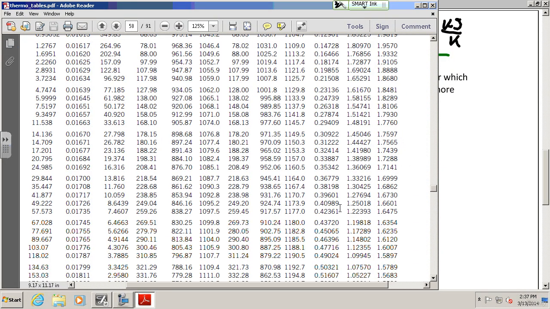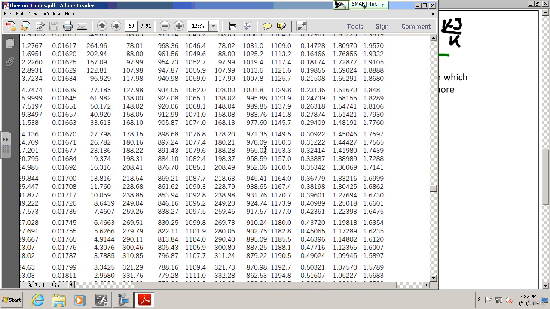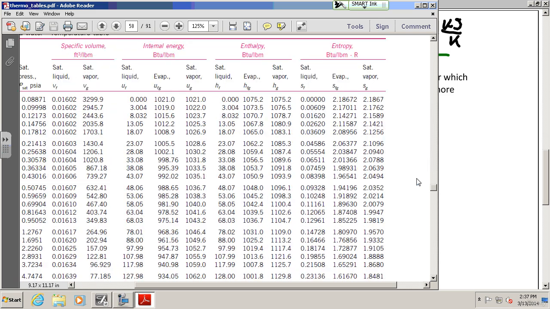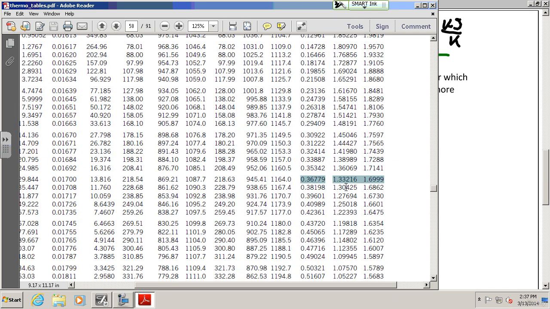Now, the last three columns here, that's the entropy. You probably can't see it, but it's sat liquid, evap, and sat vapor. The evap term is basically what you're doing, because the evap term is the difference between sat vapor and sat liquid. But that's what condensation is.